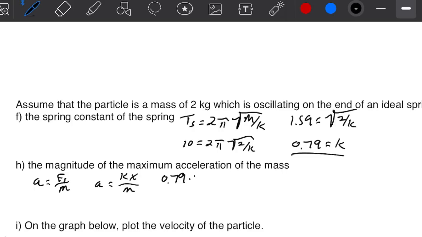And x is 3 from the graph previous. That's our maximum amplitude. And divide by 2, the mass they give us above. So 0.79 times 3 divided by 2 will equal 1.185 meters per second squared, or of course you can round that down to 1.19.